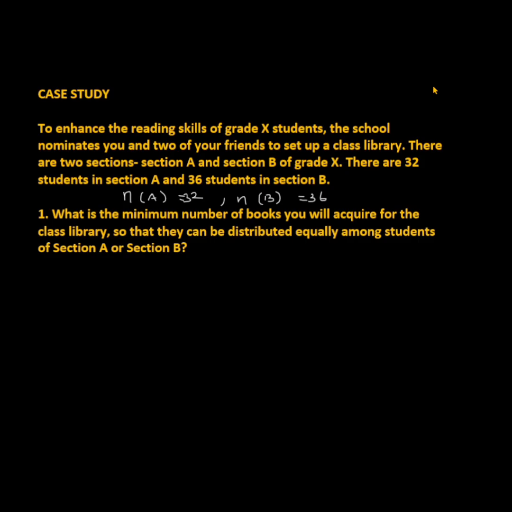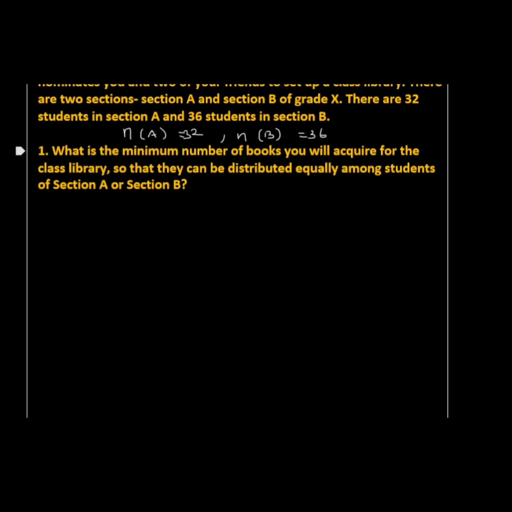What is the minimum number of books you will acquire for the class library so that they can be distributed equally among students of section A and section B? So we need to buy the minimum number of books so that we can distribute to all the students.